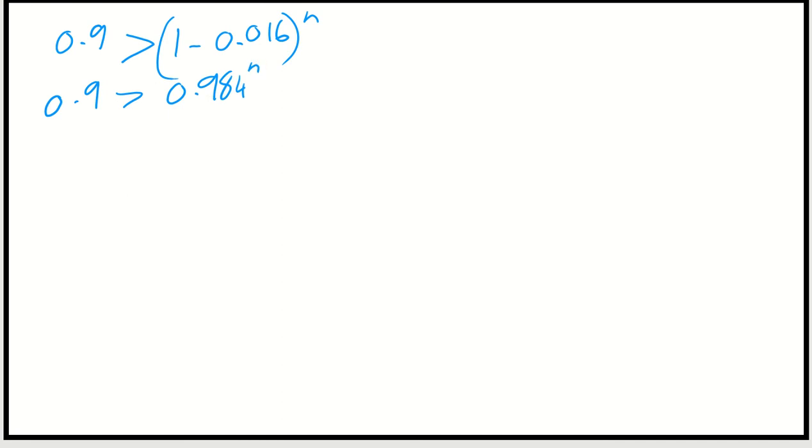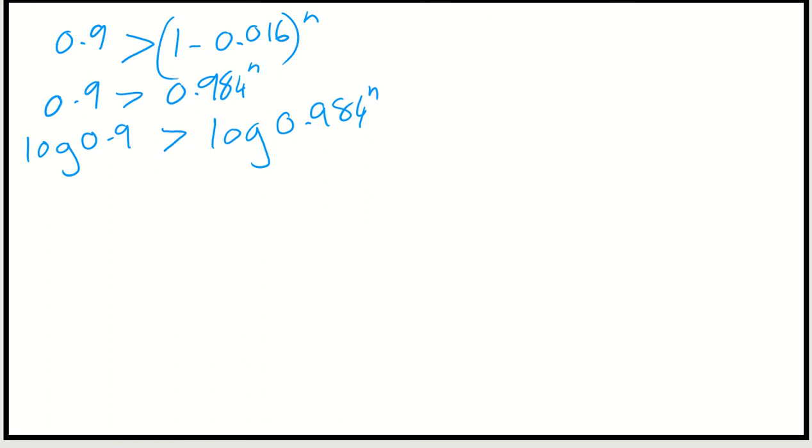Now what I want to do is I want to get that n out of being a power. So the opposite of a power is our log. So this is what we're going to do, and I'm going to apply the log function to both sides. So I'm going to get log of 0.9 is greater than log of 0.984 to the power of n.